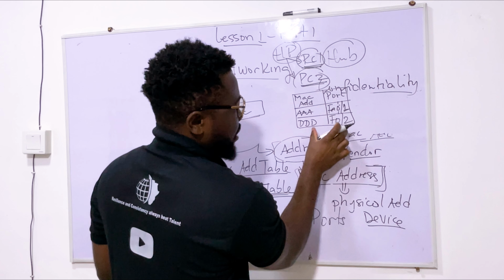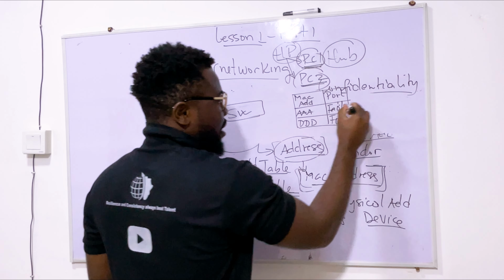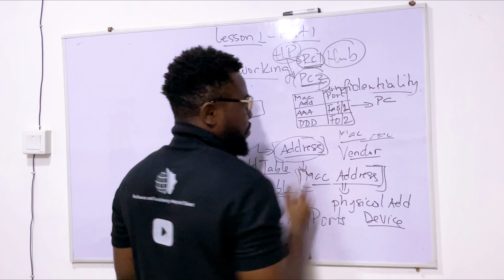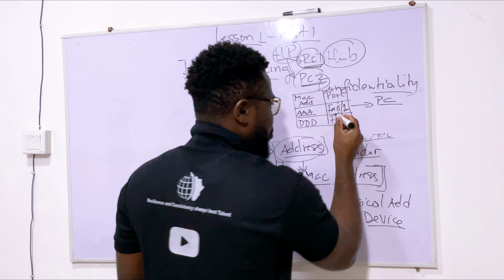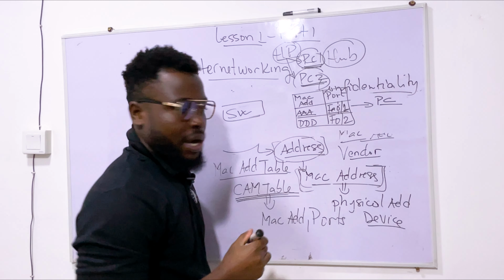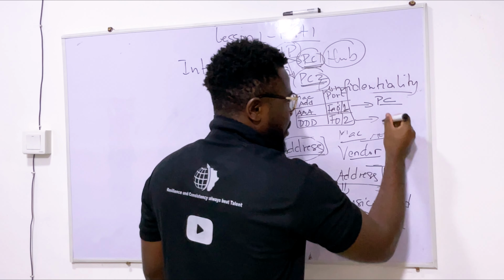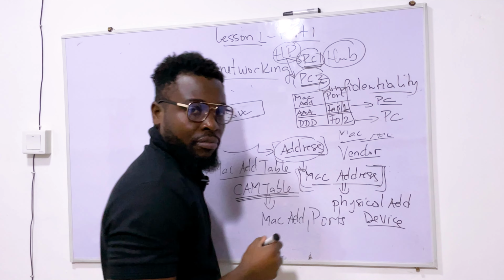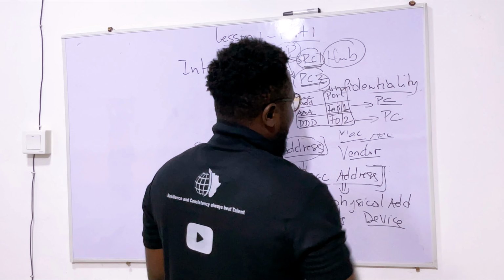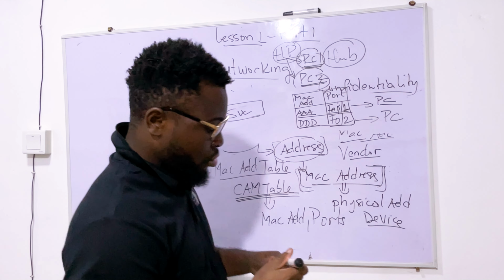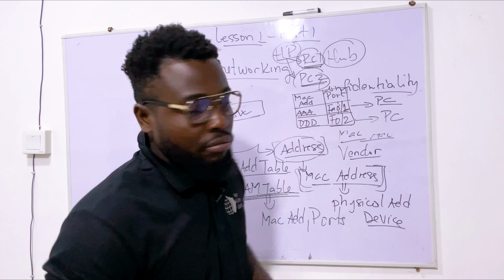When you see something like this, it means there's a PC with a MAC address AAA connected to the interface Fast01. On this side, there's also a PC with a MAC address DDD connected to the port F02.